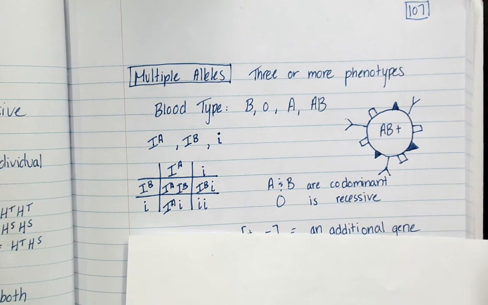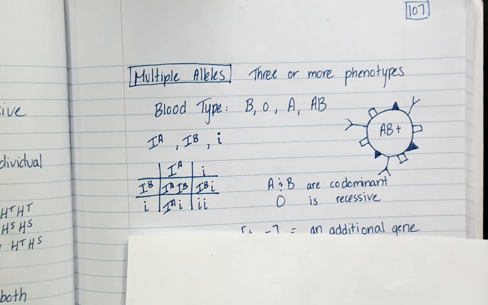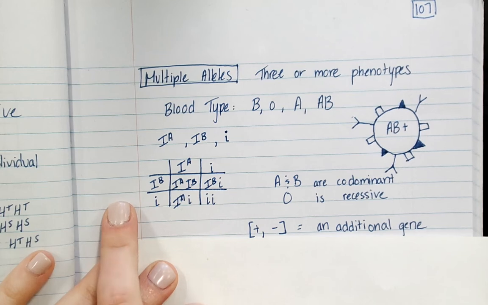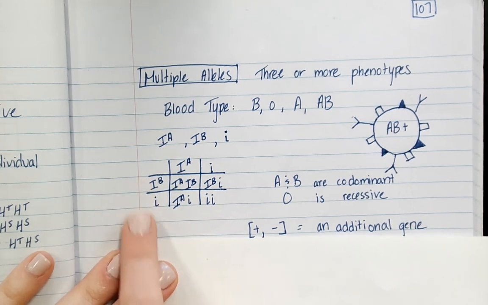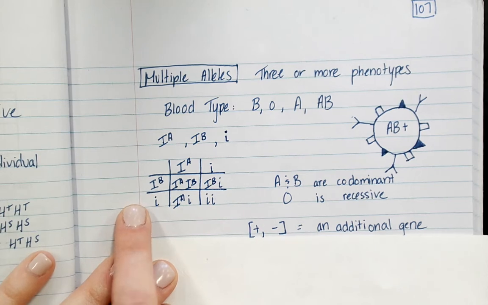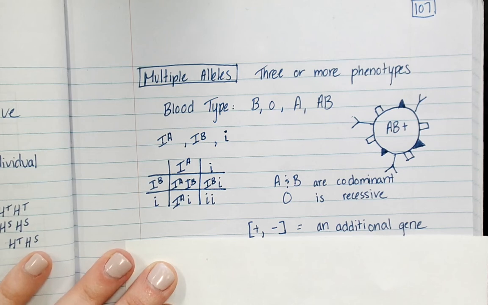O doesn't have any markers, and it's recessive. So if you have type O blood, that means you have none of those markers on your blood. If you were to cross a parent that has heterozygous type B blood and then heterozygous type A blood, and they were to have a kid, you could actually have all 4 different phenotypes as a possible result.